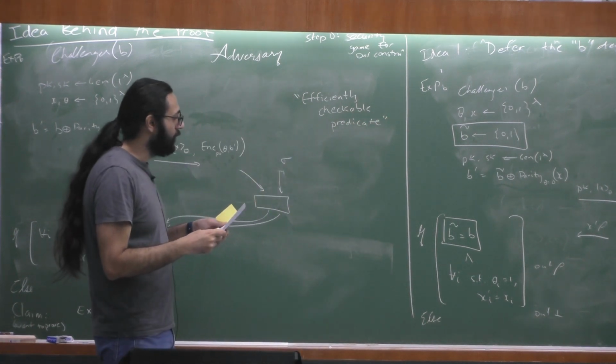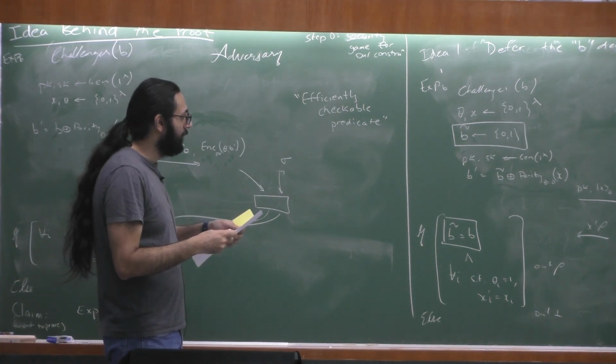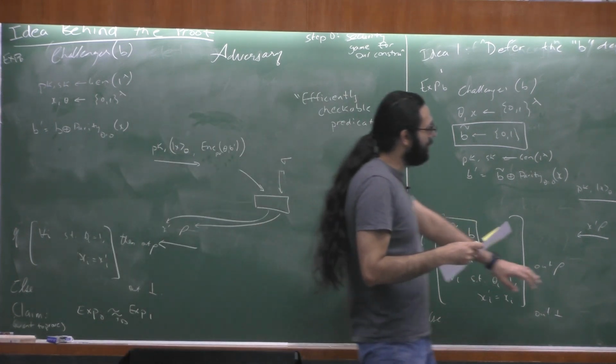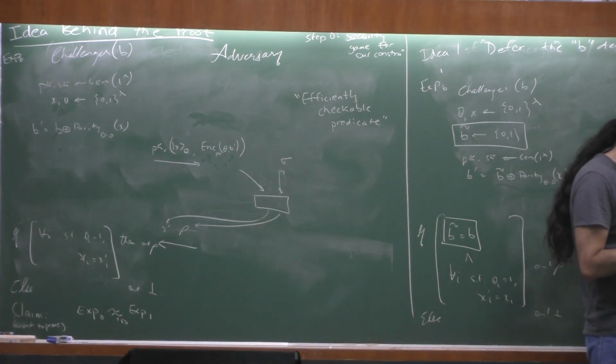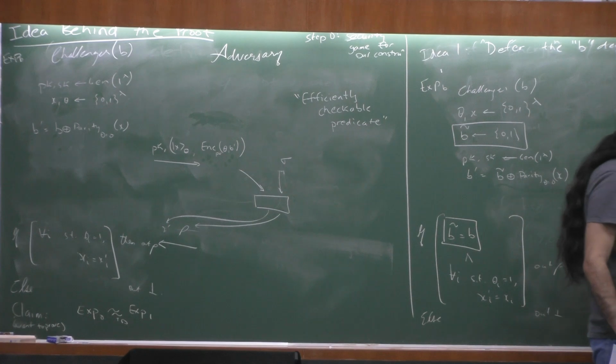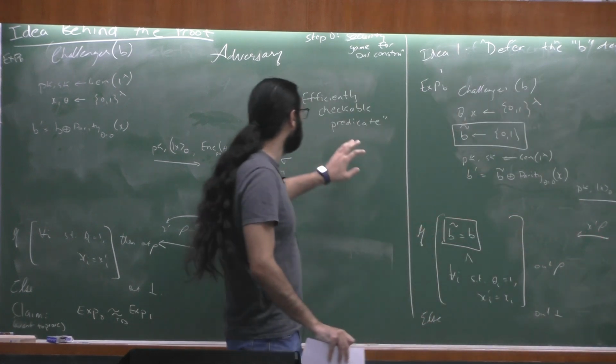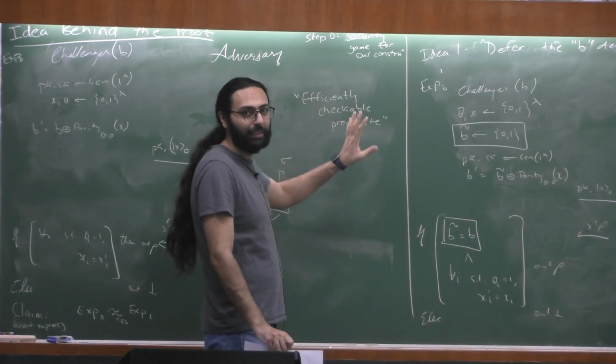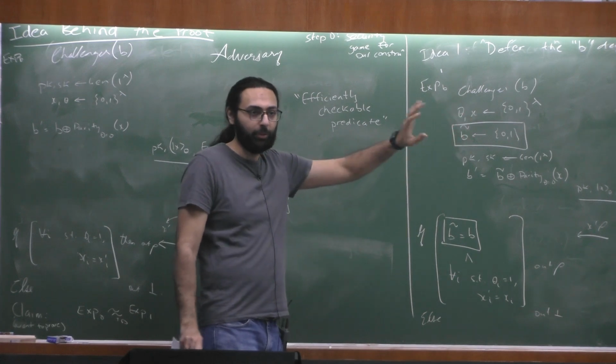What this allows you to do is, from the state of the challenger, apply this predicate. A predicate is something that takes some input and sends you to 0 or 1.